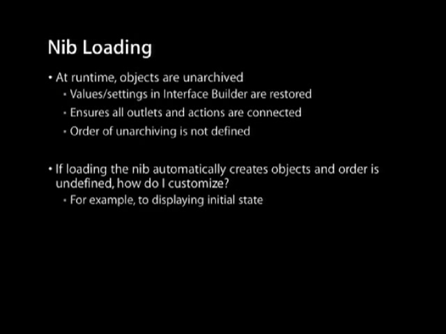So if you need to do anything special when those nibs get loaded, let's say you need to set state, how do you do that if you don't know what order things come back? So let's say I've got a controller with a pointer to a slider that helps me set the age. I need to be able to set the state of the age back when things are up.